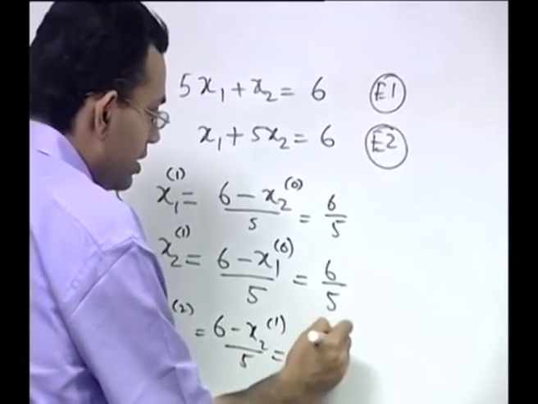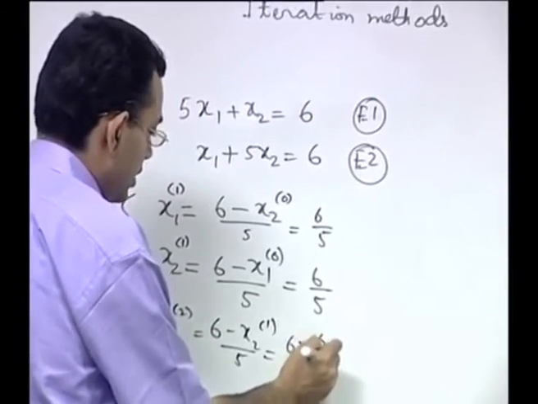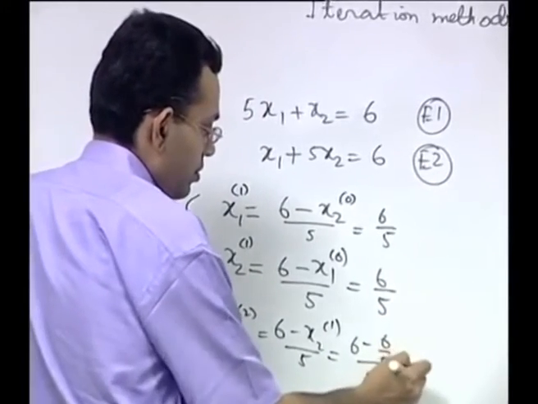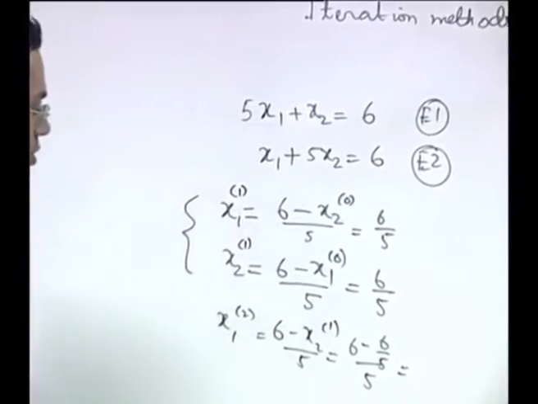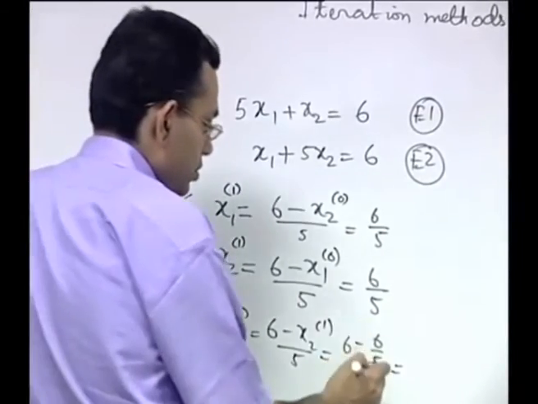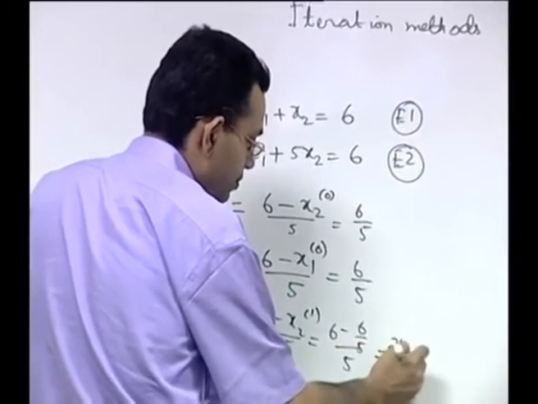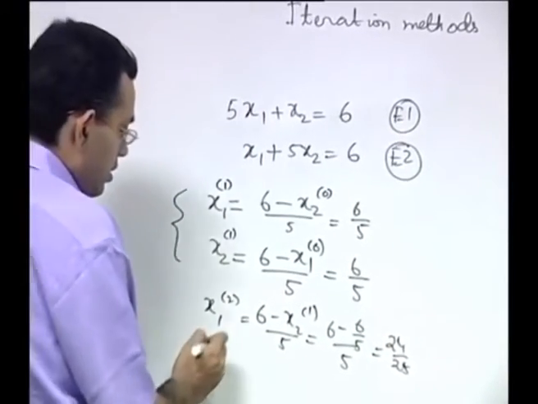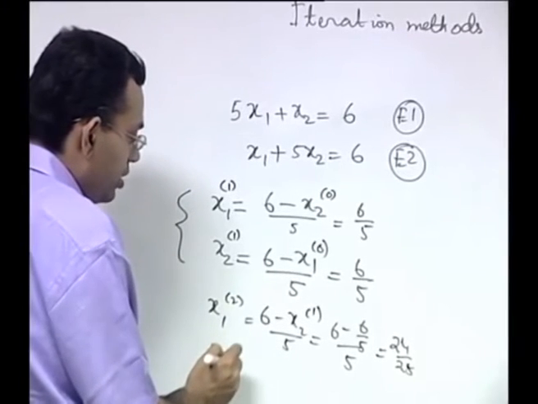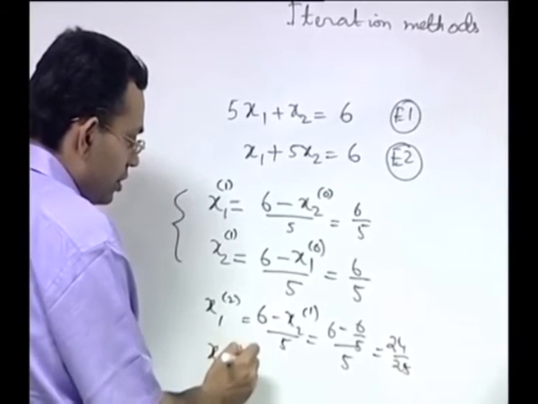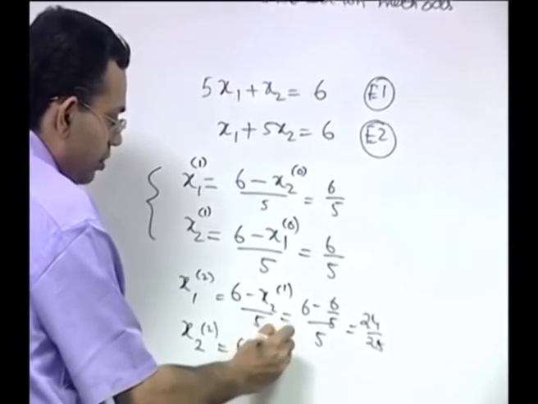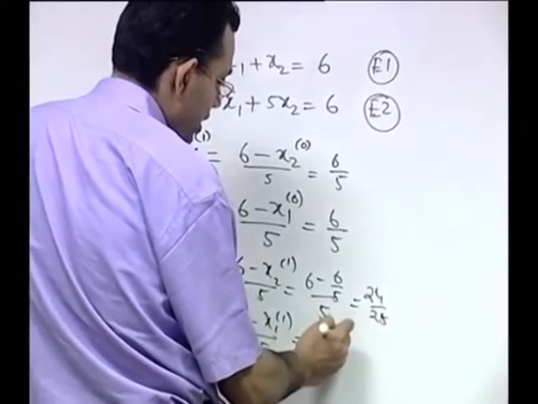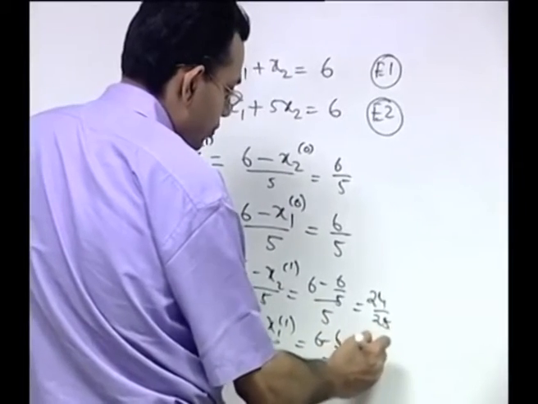So 6 minus 6 by 5, by 5, that is 24 by 25. x2 2 is 6 minus x1 1 by 5. So 6 minus 6 by 5, by 5, that is 24 by 25.